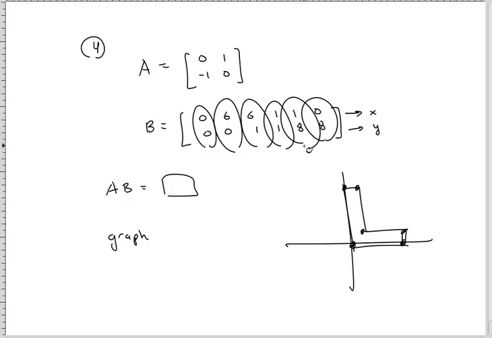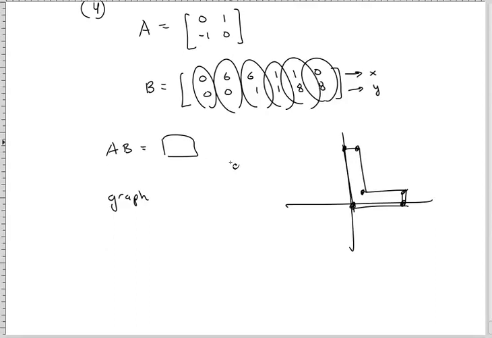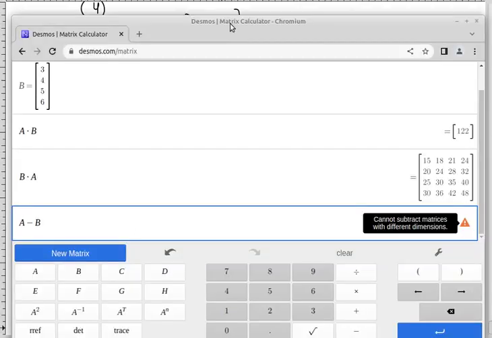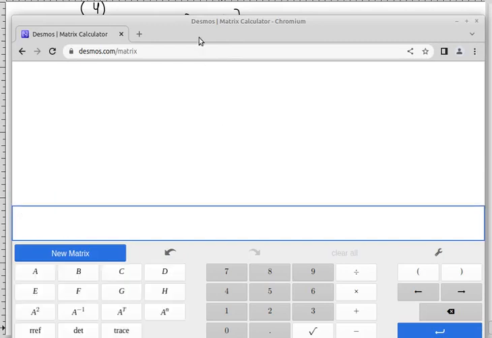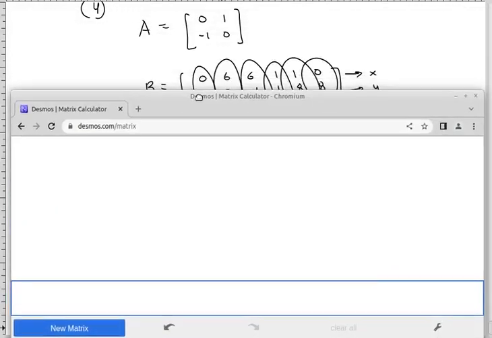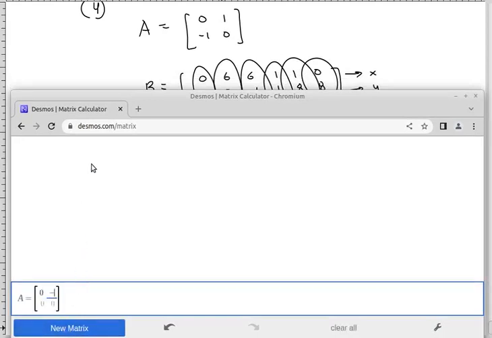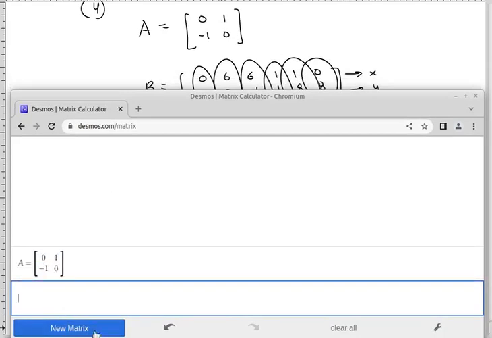I want to multiply these two. And so I'm going to multiply them in Desmos, of course. I don't have to do this because I already know how the answers are going to look. But I just wanted to prove to you yet again that you can do all of it in the Desmos matrix calculator.